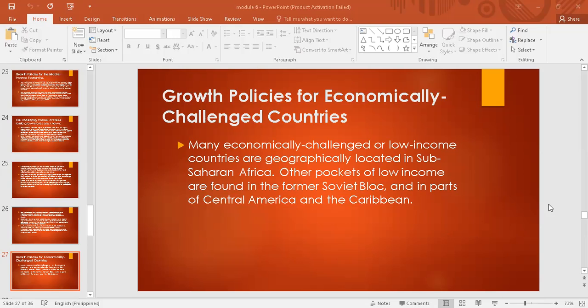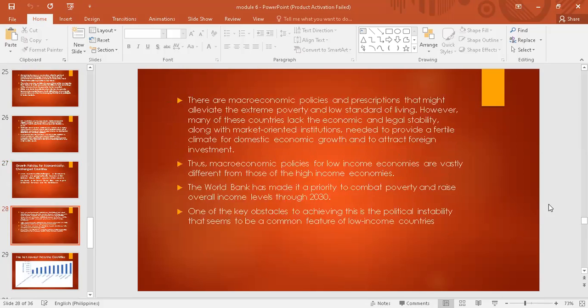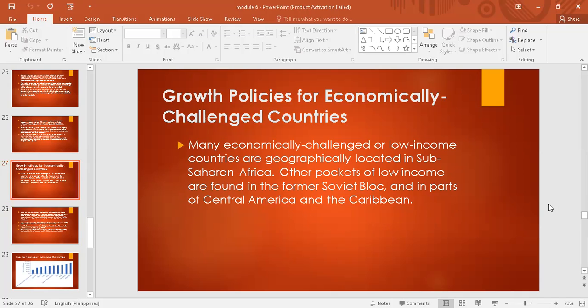What is being observed here, or the challenges, is poverty. There is extreme poverty and a low standard of living in these low-income countries.